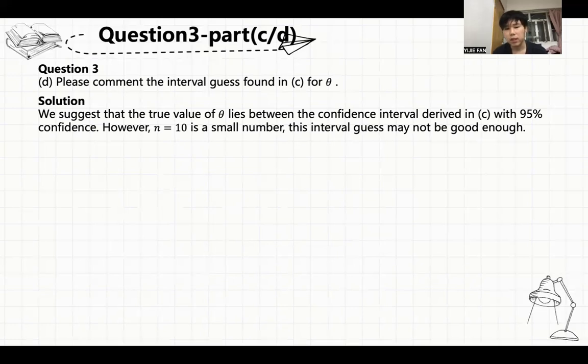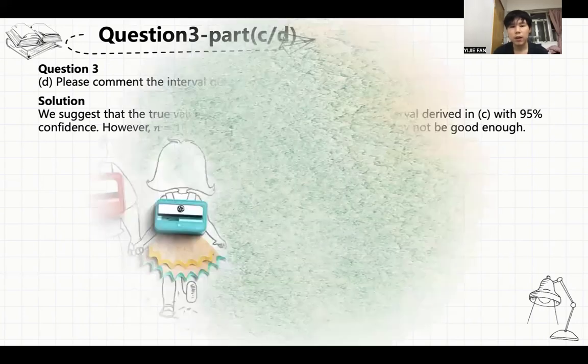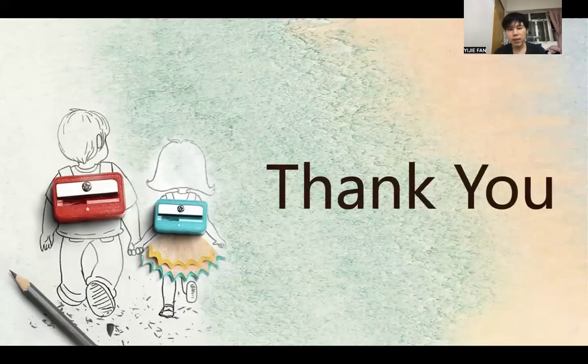So this interval estimate may not be good enough. So we need to get more data to make a more precise interval estimate. Okay, and this is my presentation of the solution to assignment 2.